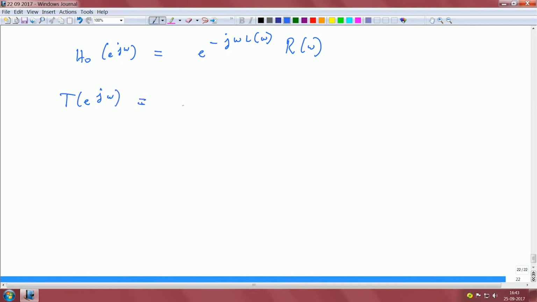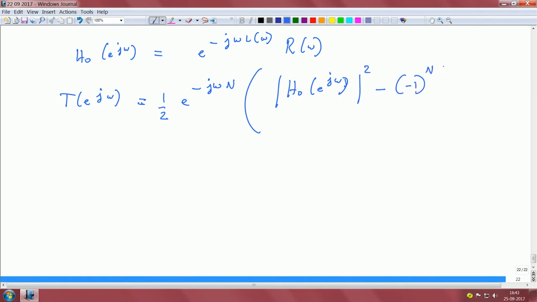T of e^{j omega} is e power minus j omega N times 1/2 of that times mod H naught of e^{j omega} square minus minus 1 power N times the magnitude of H naught e^{j(pi minus omega)} square. This is your distortion function.